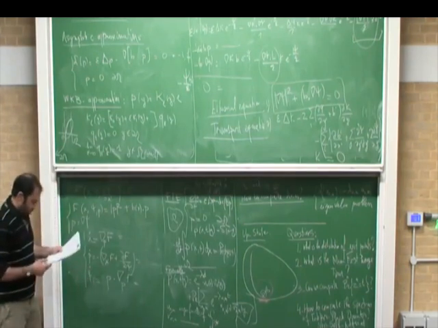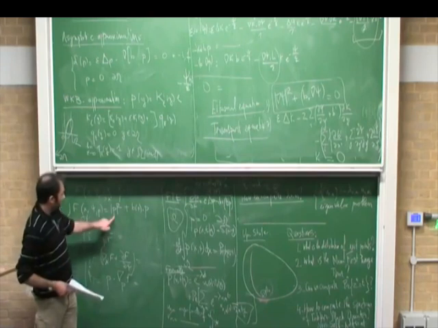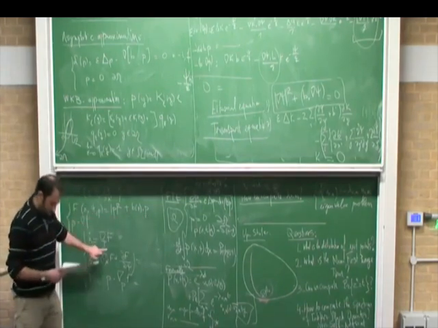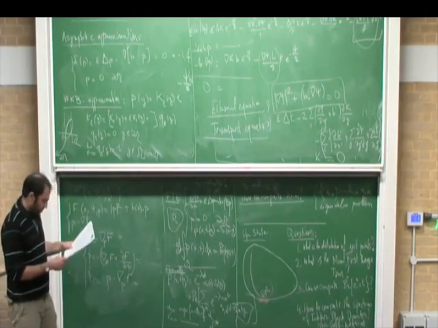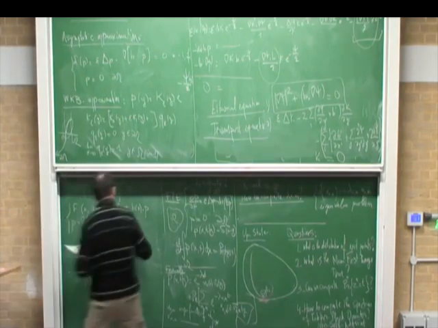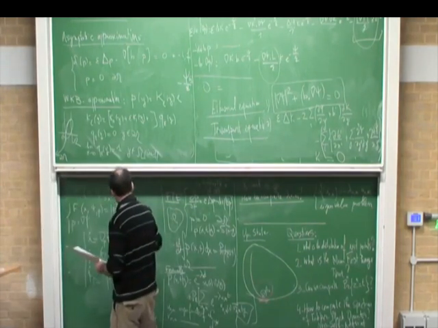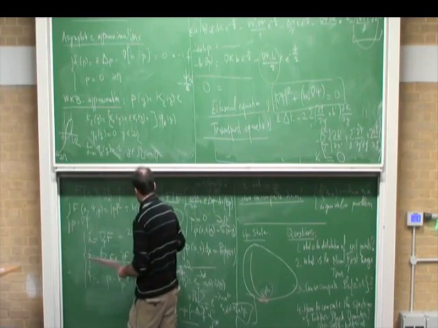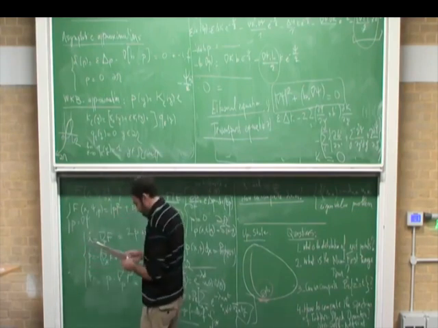So what do we have here? f is a quadratic form in p. So this is simply 2p plus b of x, to differentiate with respect to p.